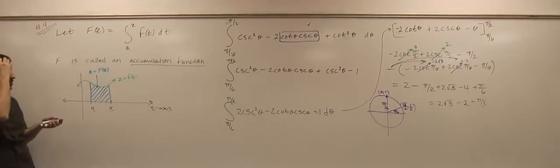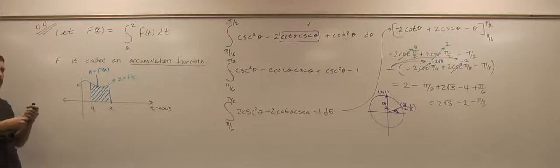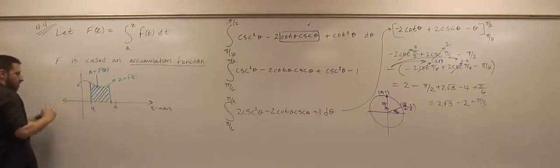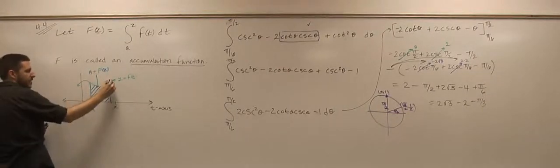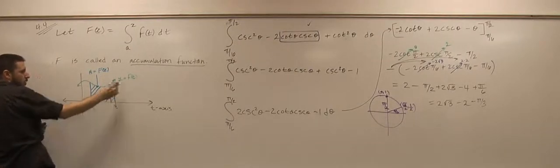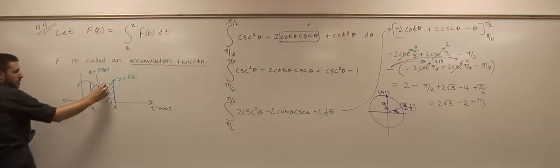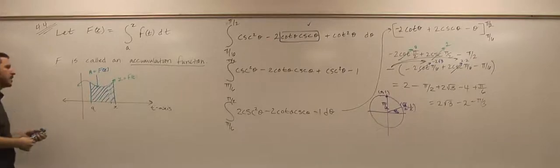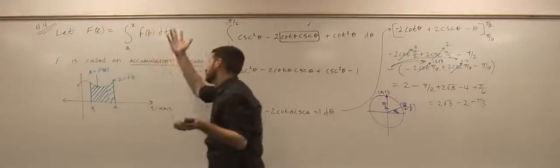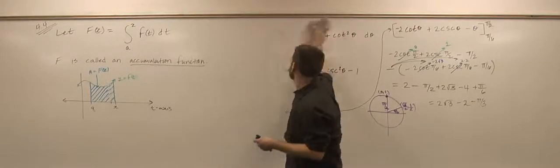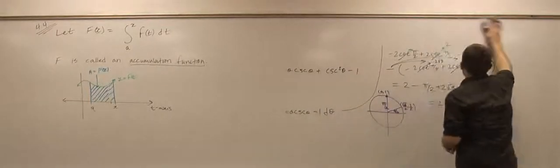It's called an accumulation function because as x gets bigger, you accumulate more area, you gain more area. And if I move my x out a little bit to here, then capital F of x is now this whole area. So this type of function is called an accumulation function.